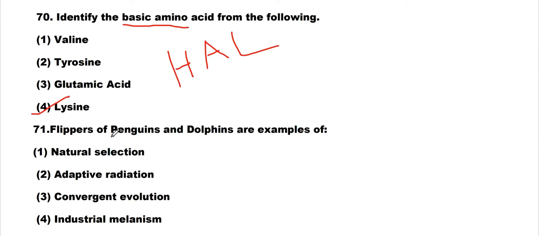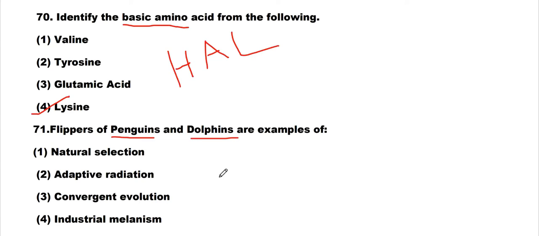Next, flippers of penguins and dolphins. So penguin is a bird. Dolphin is a mammal. Its forelimbs are modified into flippers. Penguin is also a bird, where the wings are modified into flippers, because both of them have different origin and ancestry, but they come to live in the same habitat and so they have the same kind of structures.